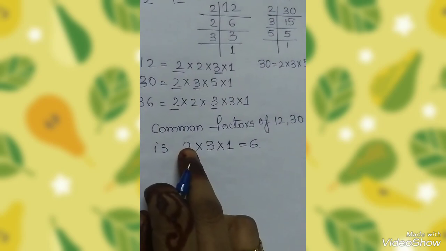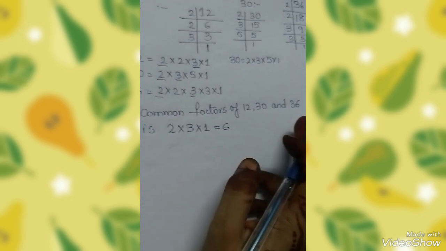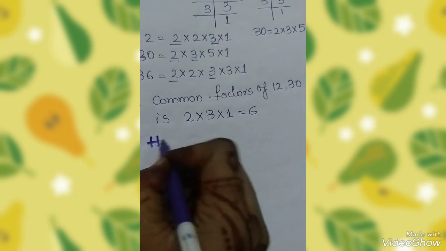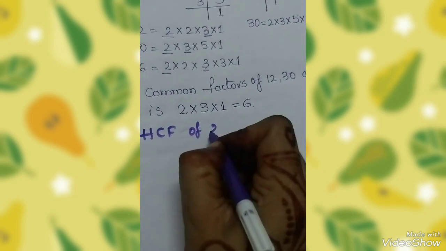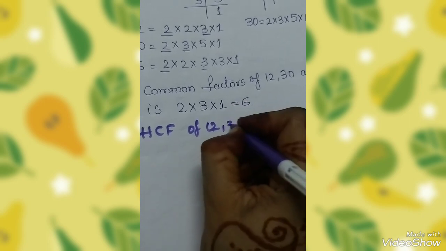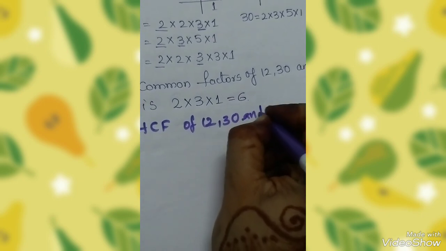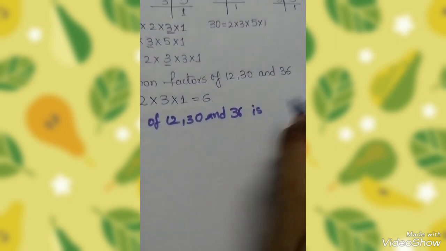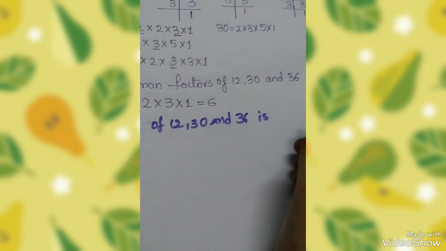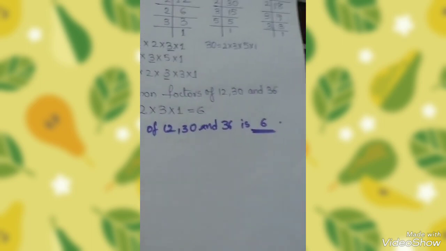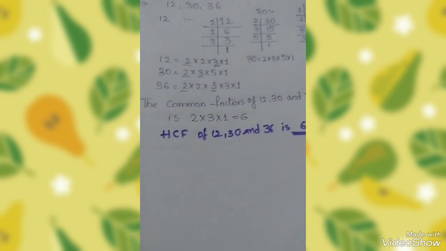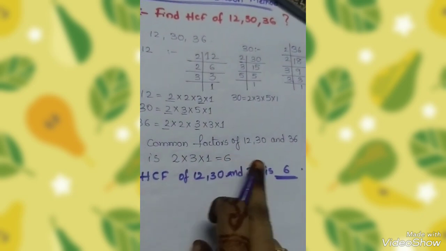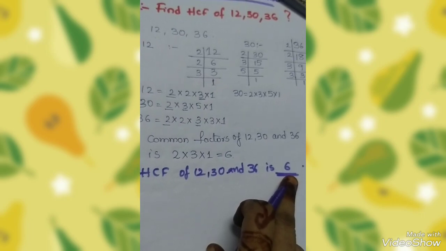Hence we get the HCF of 12, 30 and 36 is 6, children. This is the answer.